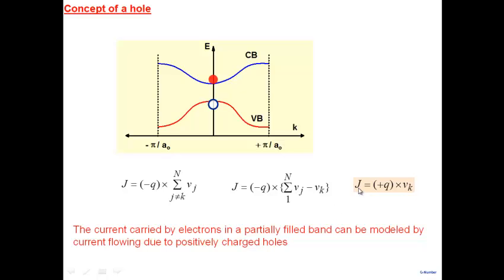And henceforth, after this particular slide, even though you realize that the effect of the entire band can be modeled in terms of holes, we will think of a hole as a real particle with a positive charge Q. That's it. After this, we will not go back and say, oh, it is not real.